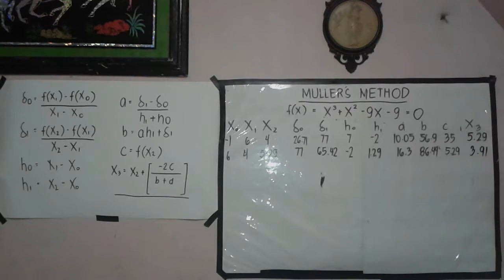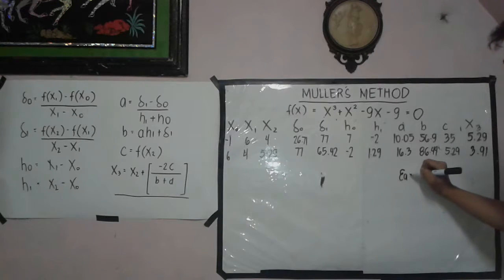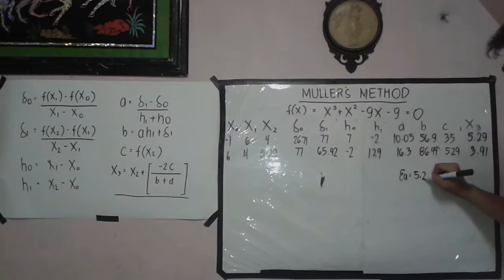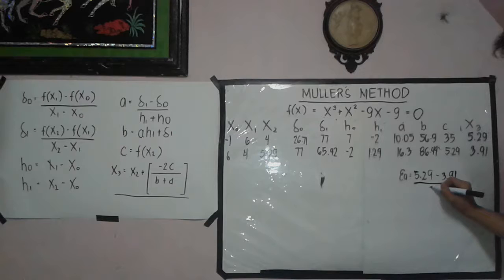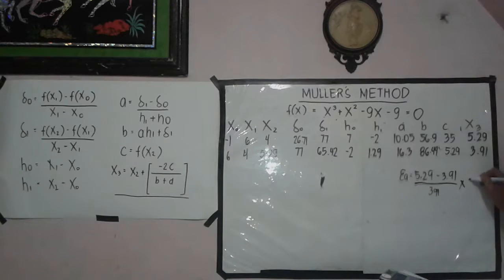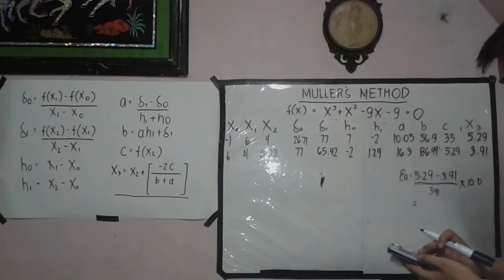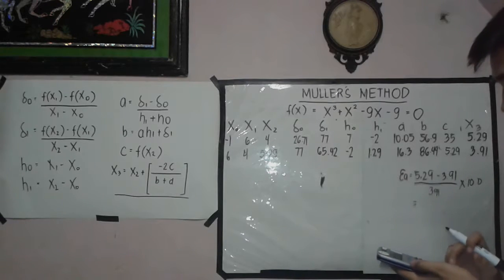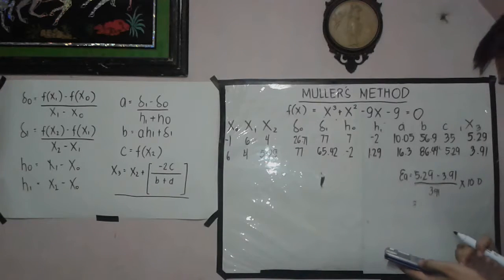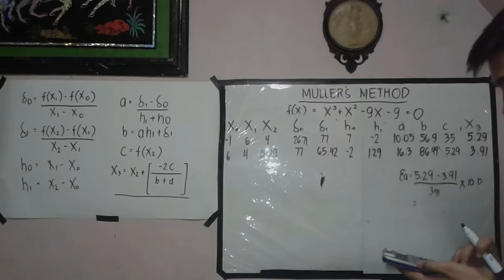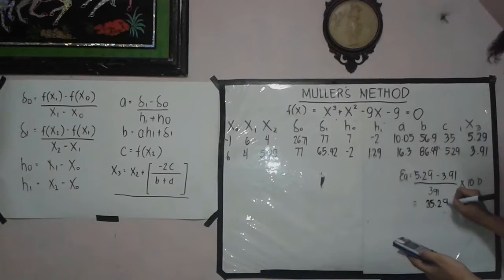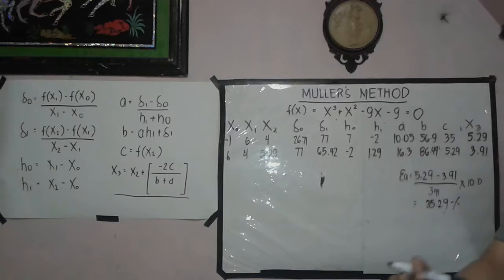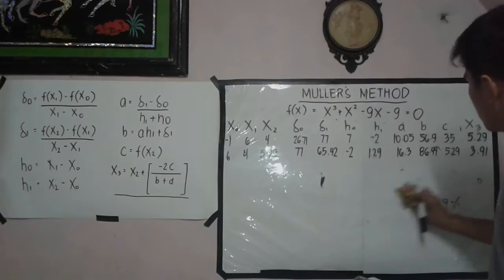So, determining the margin of error, EA is equal to 5.29 minus 3.91 over 3.91 times 100 equals 5.29 minus 3.91 over 3.91 is equal to 35.29% of error.